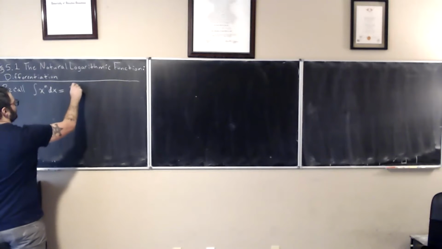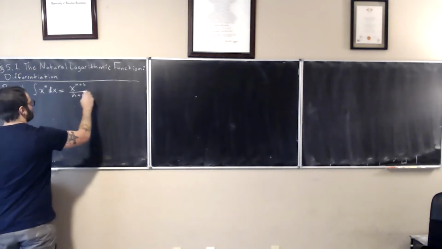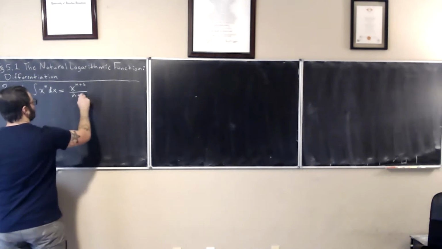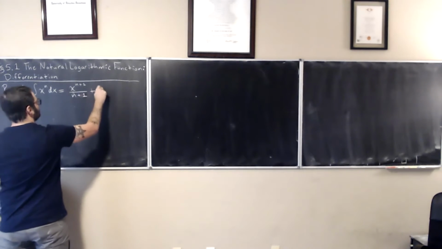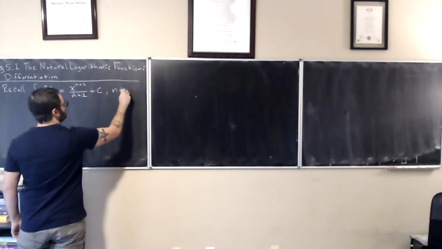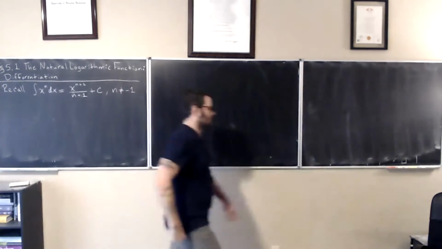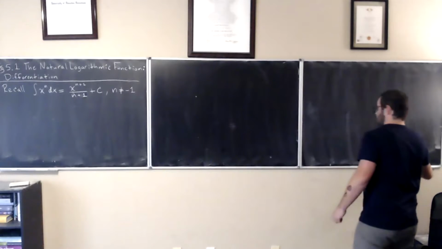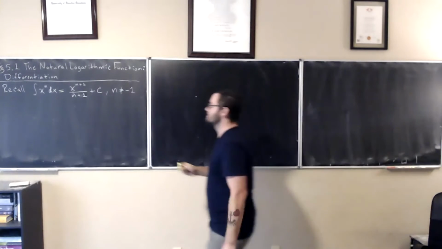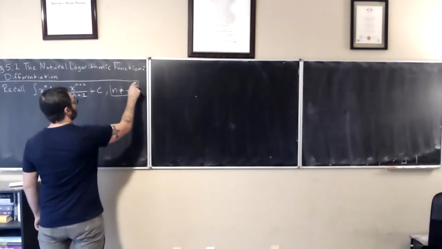It was just x to the power n plus 1 all over n plus 1 plus c, provided that n was not equal to -1.